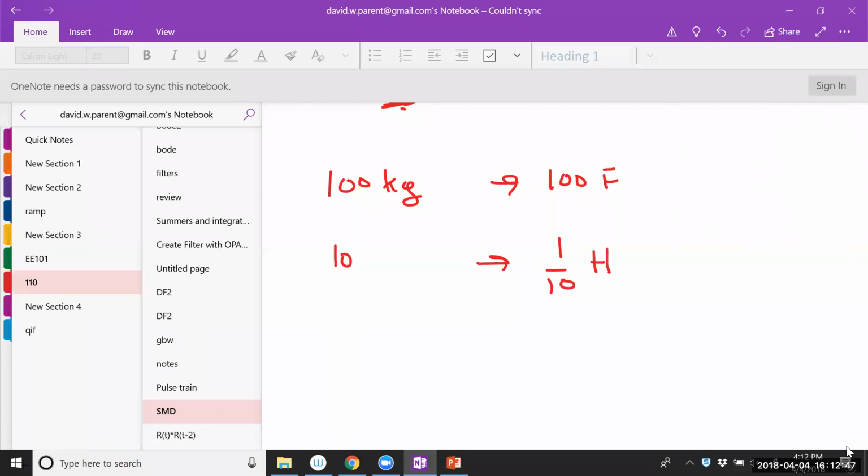If I give you 7 damping coefficient, that's 1 over 7 ohms, okay? So mass is capacitance, the spring constant is the spring, which is an inductor, and the damper, which is B, is 1 over B, which is resistance. Thank you, Devin.